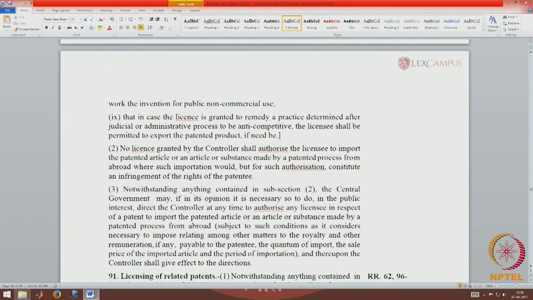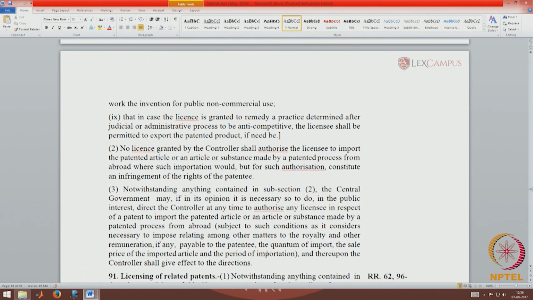8. In the case of a semiconductor technology, the license granted is to work the invention for public non-commercial use. 9. That in the case of a license granted to remedy a practice determined after judicial or administrative process to be anti-competitive, the licensee shall be permitted to export the product if need be. Now, a license by the controller can also be granted to remedy such a practice.